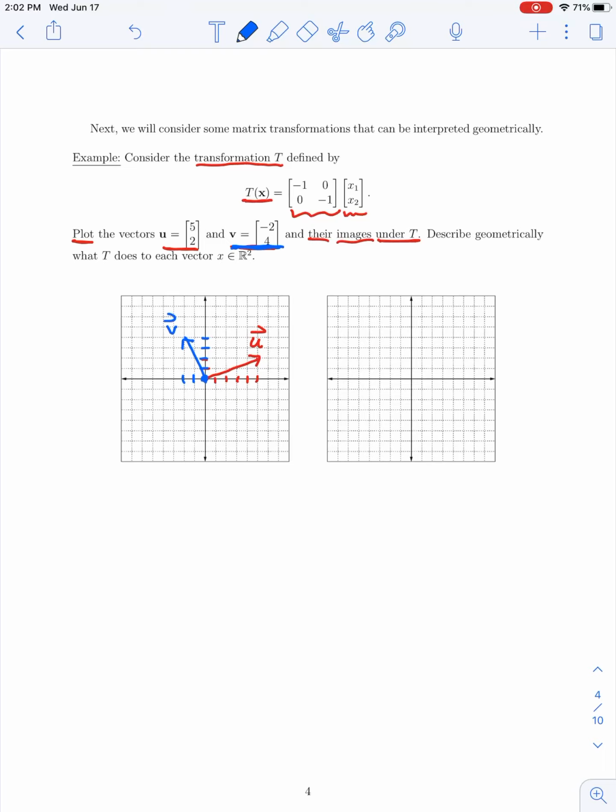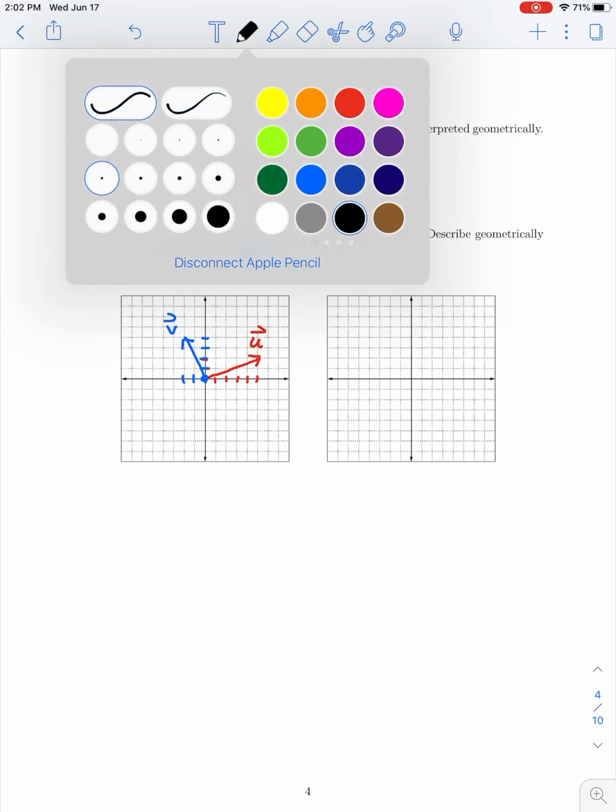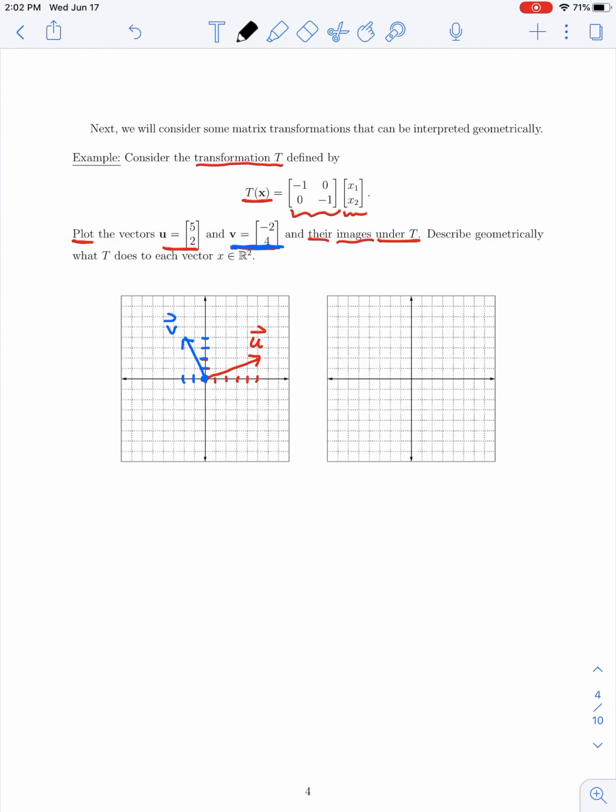So here let's consider the transformation of each of these vectors, or the image of each of these vectors under that transformation T. So here we would look at T of u, which is defined as the matrix -1, 0, 0, -1, times the vector u, whose components were 5, 2.